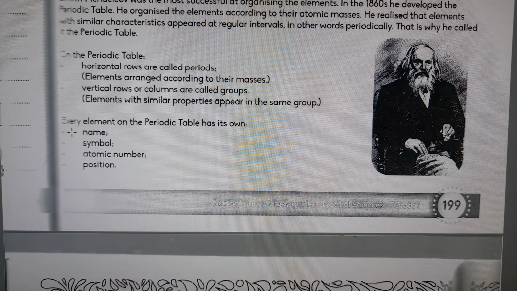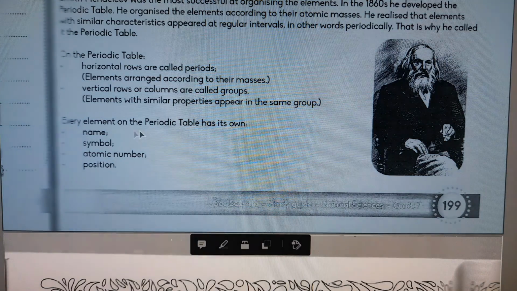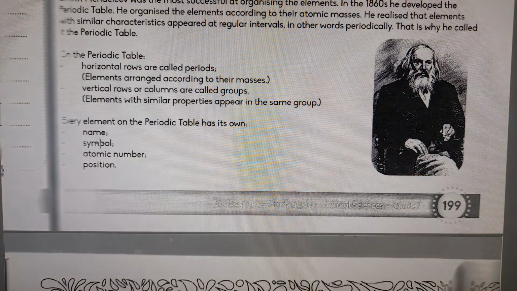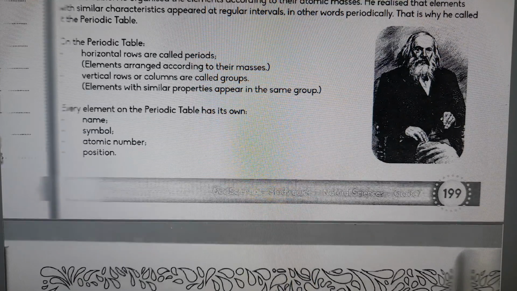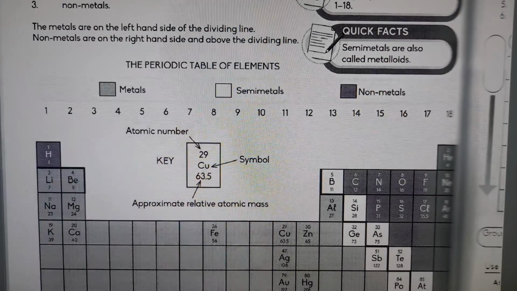So we are here. They say every element on the periodic table has its own name, symbol, atomic number, and position. So now let's look at the periodic table.